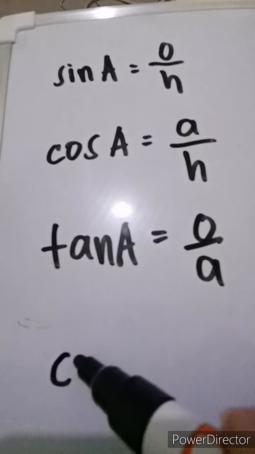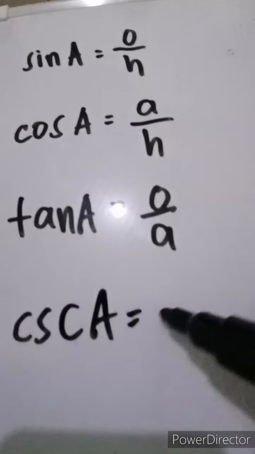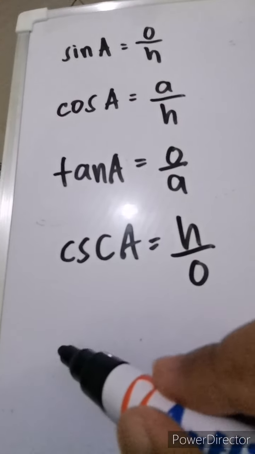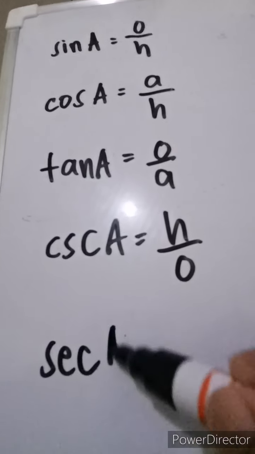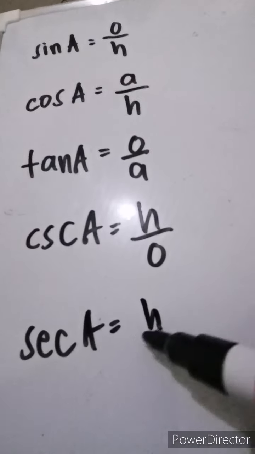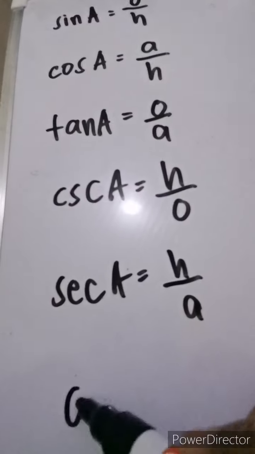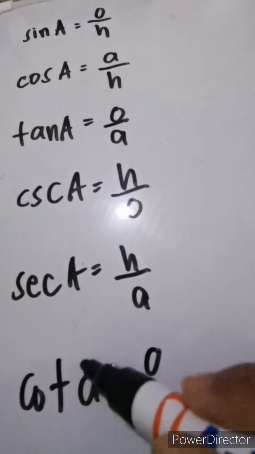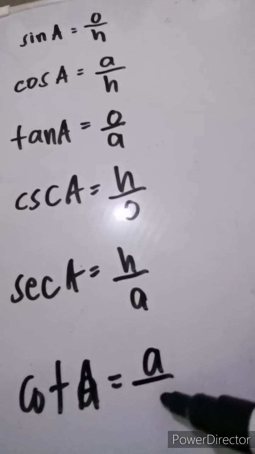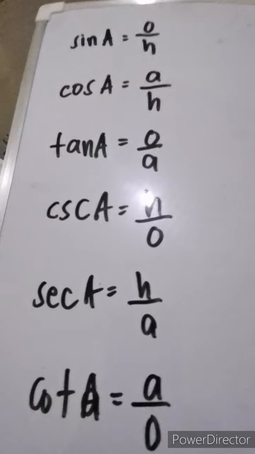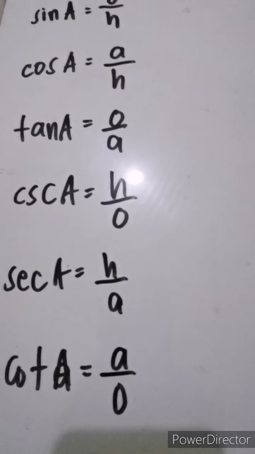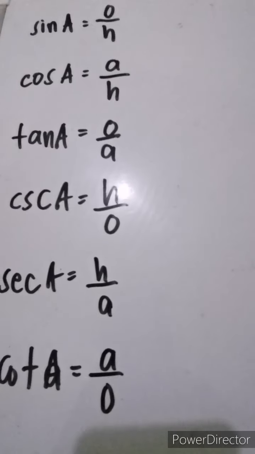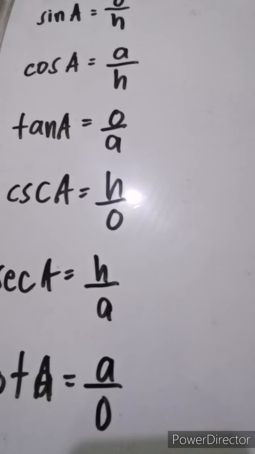And then, we have the cosecant. Cosecant A is equal to H over O. Then, we have the secant A equals H over A. And we have the cotangent A is equal to A over O. So, gagamitin natin yung 6 na formulas na yan para makita natin yung ating sagot dun sa ating hinahanap na 6 trigonometric functions.